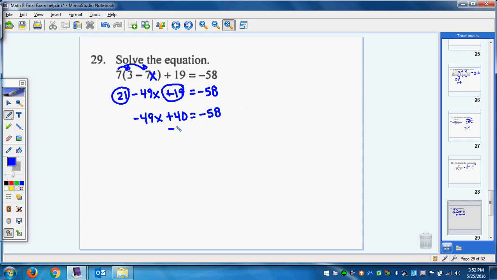We go ahead and subtract 40 on both sides. Negative 49x equals negative 98. Divide everything by negative 49. So it means x is going to be equal to positive 2.